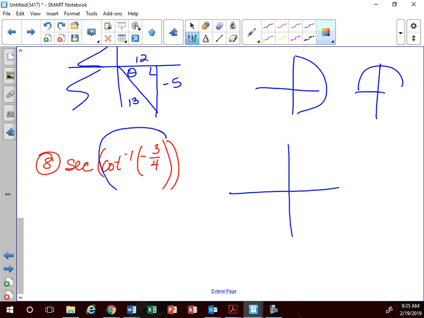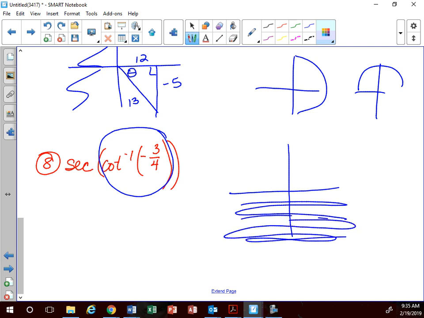So we start on the inside with inverse cotangent. Remember, inverse cotangent is the top of the circle, so we cannot draw it down there. It should be a second quadrant triangle. Adjacent over opposite. So the negative goes with the 3. And then the hypotenuse we know is 5.